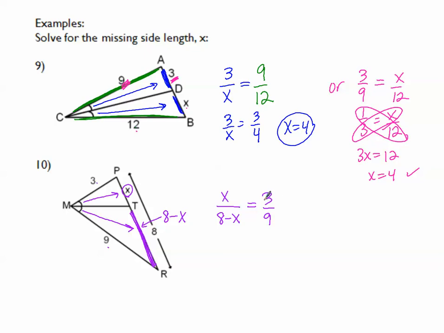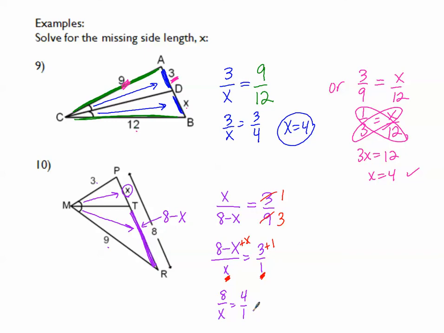So 3/9 reduces into 1/3, but if I also use my reciprocal property and write this as 8 minus x over x and 3/1, then I can use my addition in the numerator property. I see x down here, so I can add it to the numerator. I see 1 down here, so I can add it to the numerator. How is that helpful? Minus x plus x, the x's in the numerator go away. 8/x. 3 plus 1 is 4, 4/1.